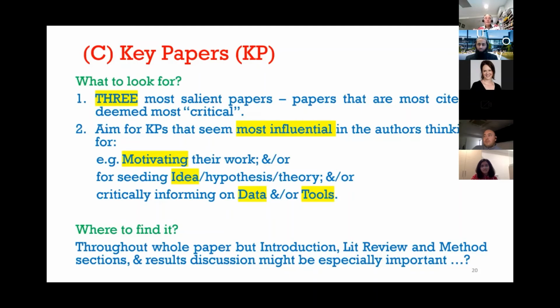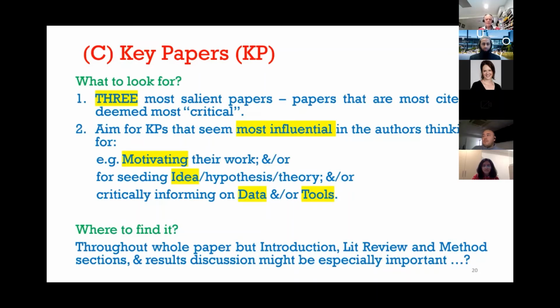Or one or more of the key papers could critically inform the data or the sample for that paper and or the tools or method. So they're the sorts of little magnets, if you like, that will allow you to see where the key papers are most likely to occur, apart from just looking to see how often a paper is referred to throughout the paper that you're reverse engineering.